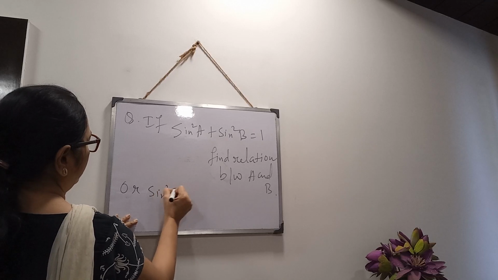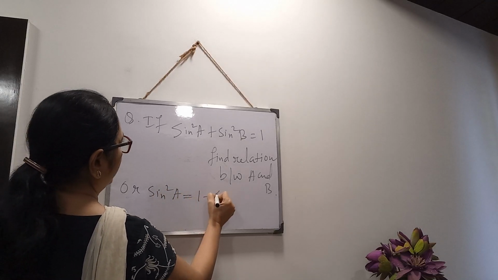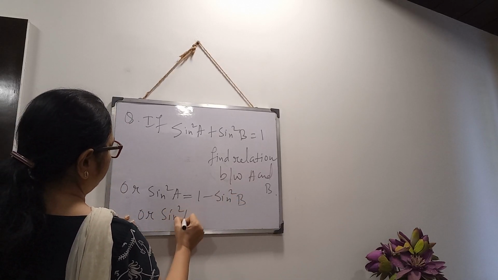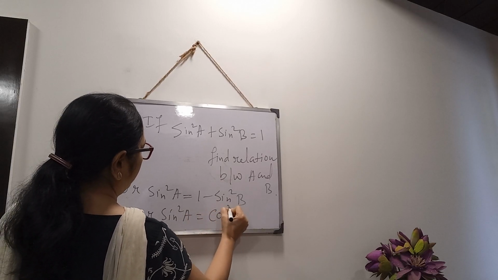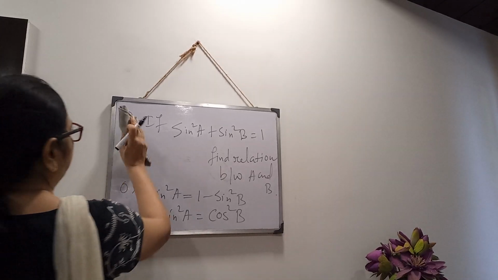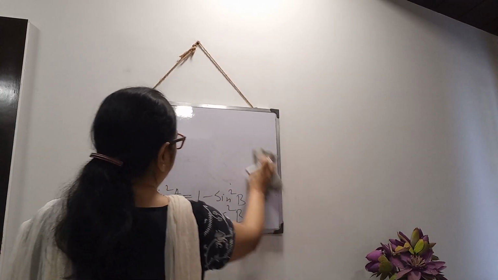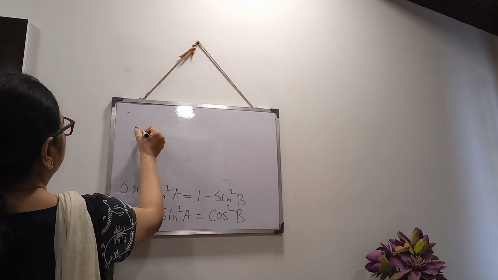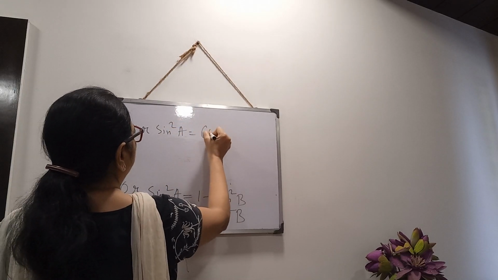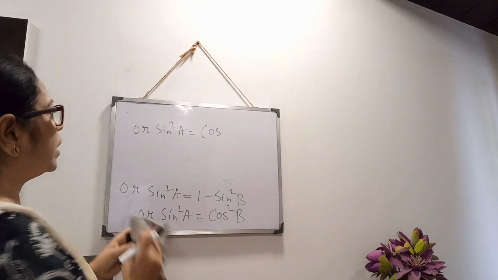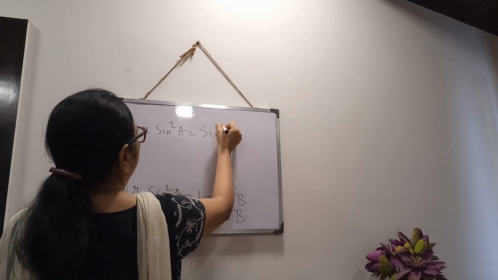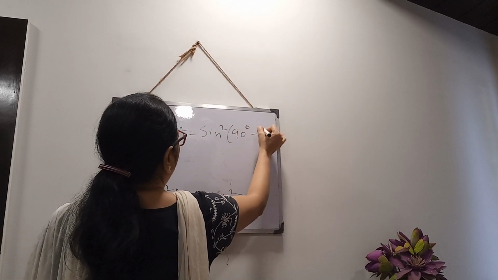Sin square A equals 1 minus sin square B. So sin square A is coming, by using the formula, cos square B. When there is an equal sign, what can we write? The right hand side will be cos square B, which we can write as sin square of 90 minus B. Clear?